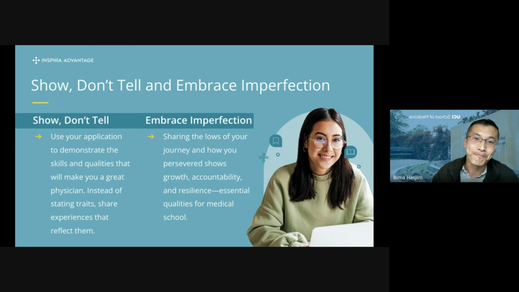So try to keep a log, or a diary, of all the patients that you see, because that will come easier later on. And embrace all the imperfections of your application. I'll say this with a caveat: after talking about your weaknesses, try to frame it and spin it into a more positive note in the application.